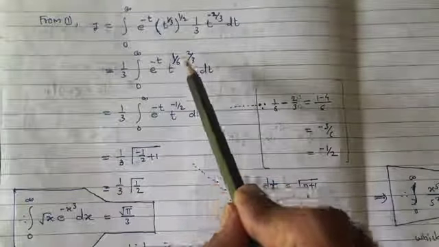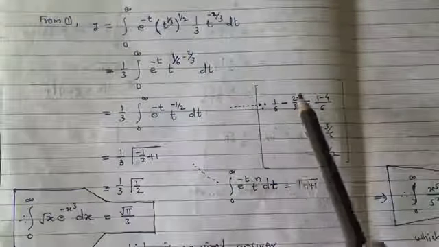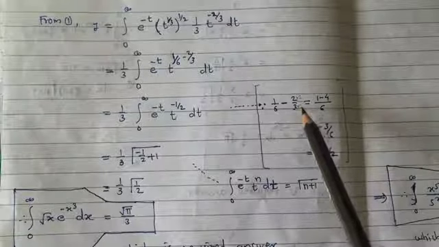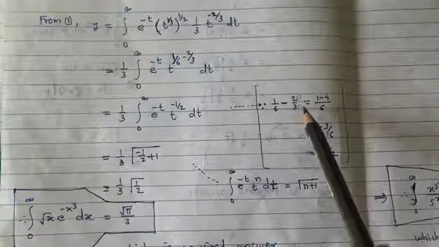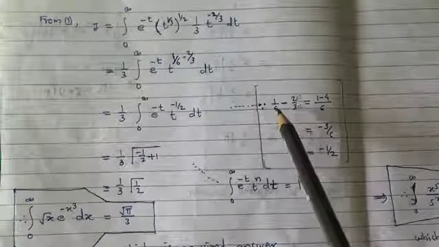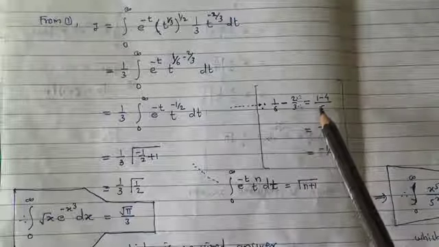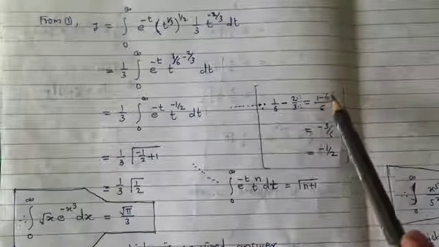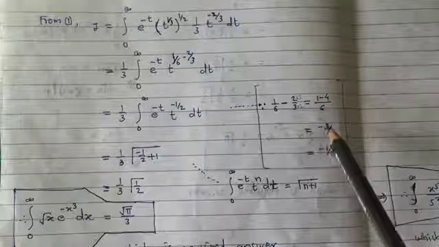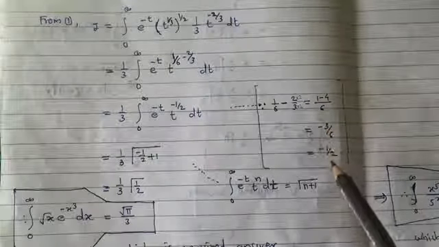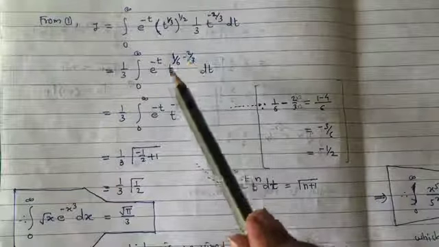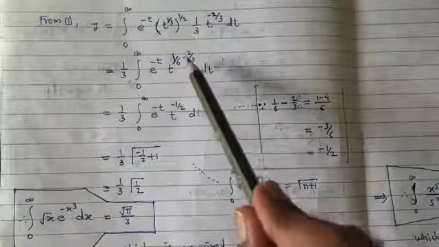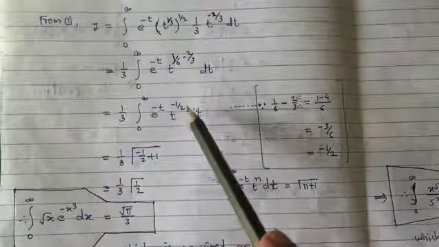If you simplify this, 1 by 6 minus 2 by 3, multiply the second term by 2 on numerator and denominator so that the denominator is 6 for both. In the numerator, 1 minus 2 into 2, that is 4, so 1 minus 4 is minus 3, and minus 3 by 6 is minus 1 by 2. So after simplification, t raised to 1 by 6 minus 2 by 3 is t raised to minus 1 by 2.